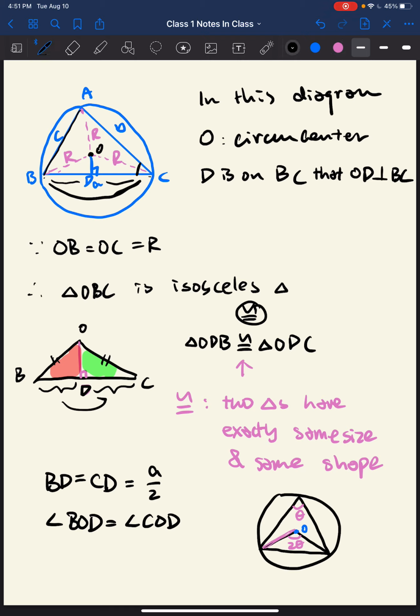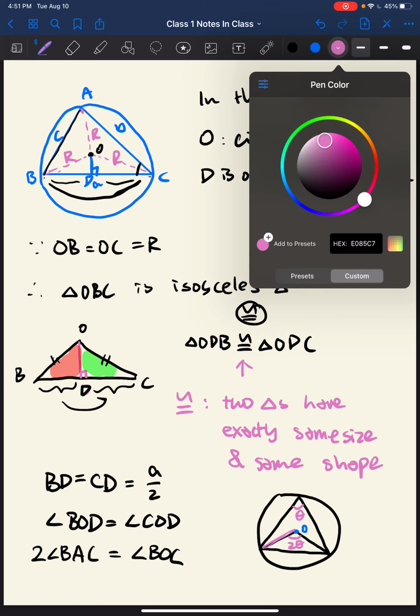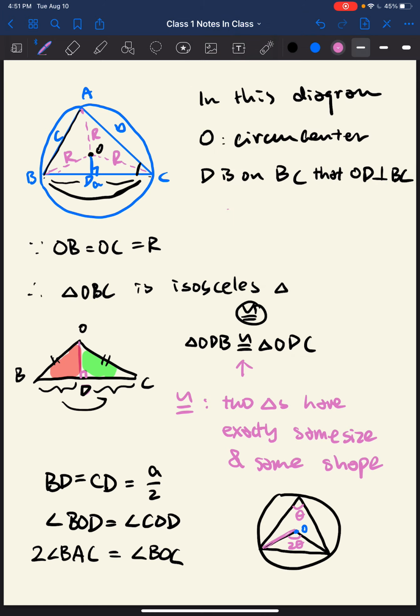So using this theorem, we can know that 2 BAC equals BOC. So this angle, I should probably change the color. Well, okay, BOC is this one, and BAC is this one.